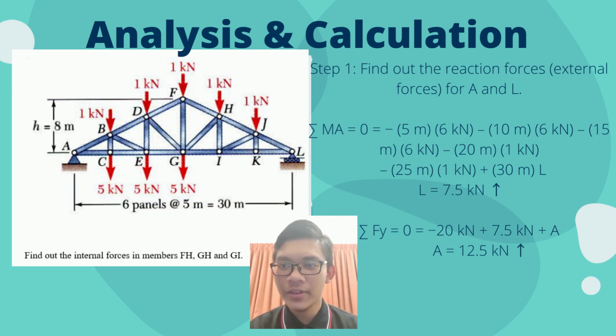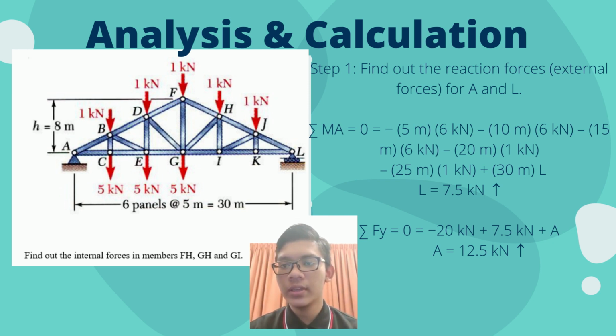Step 1, we have to find out the reaction forces, that is the external forces for A and L. Sum of MA equal to 0, equal to -5 meter multiplied by 6 kilonewton minus 10 meter multiplied by 6 kilonewton minus 15 meter multiplied by 6 kilonewton minus 20 meter multiplied by 1 kilonewton minus 25 meter multiplied by 1 kilonewton plus 30 meter multiplied by L. And the result of that is L equal to 7.5 kilonewton upwards.